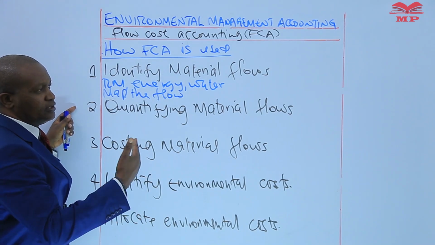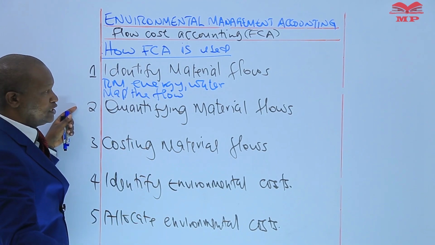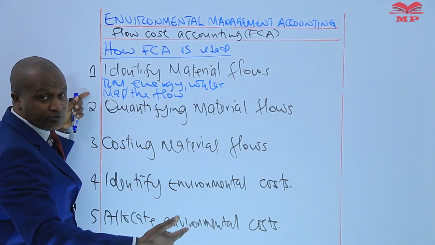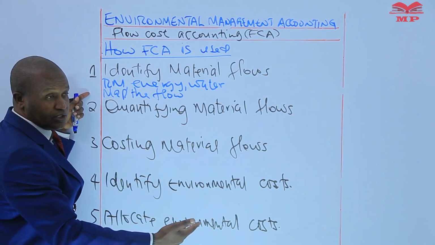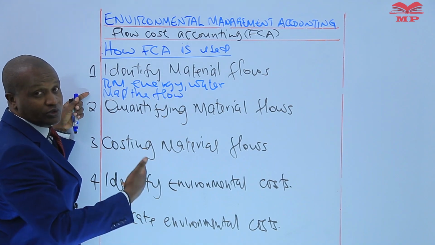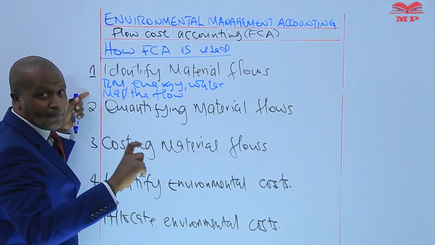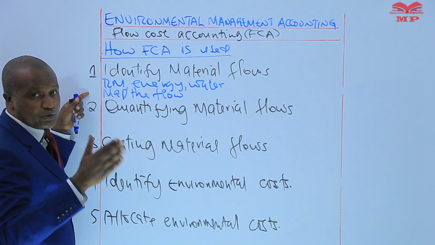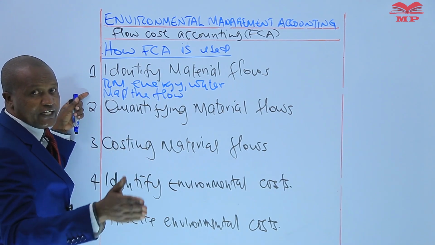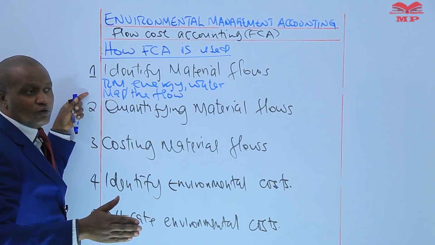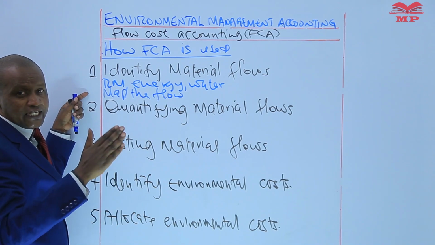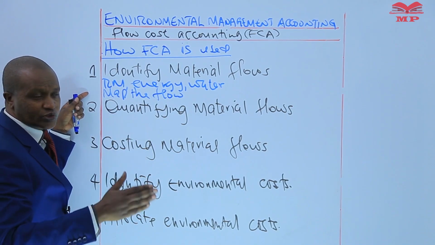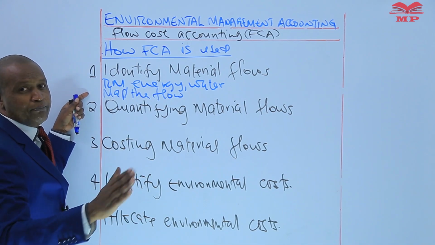There could be process 1, process 2, process 3, process 4. So you map the flow of these materials through each stage of the production process, identifying points of waste, points of inefficiency, and also environmental impact.